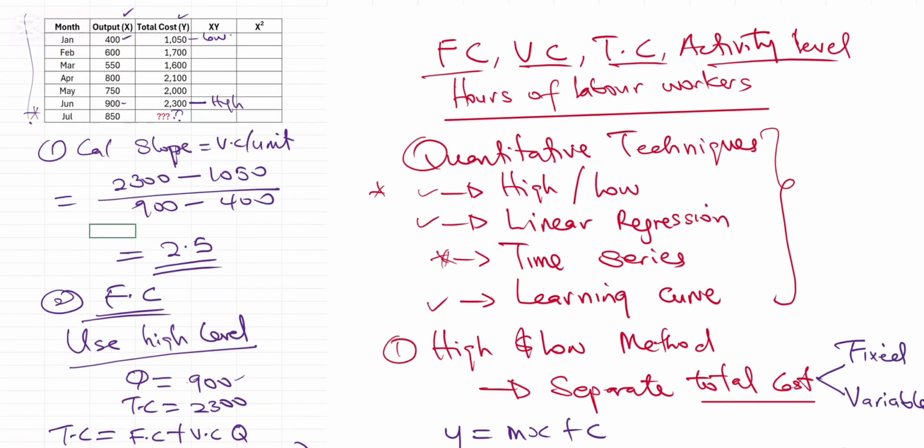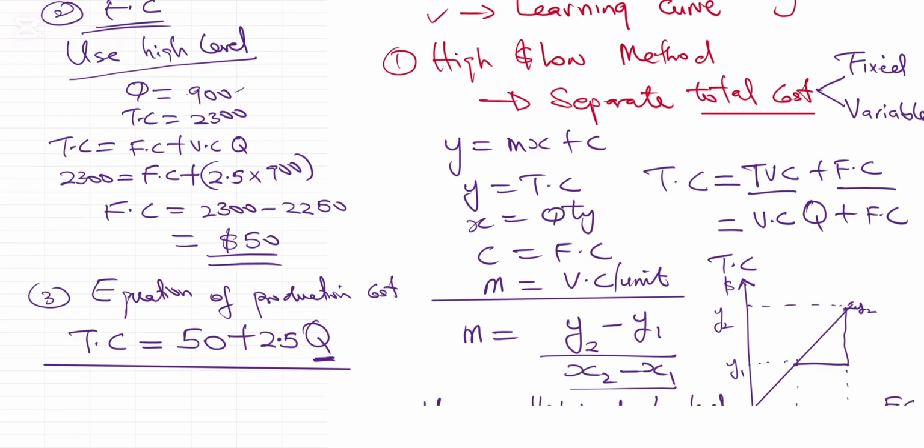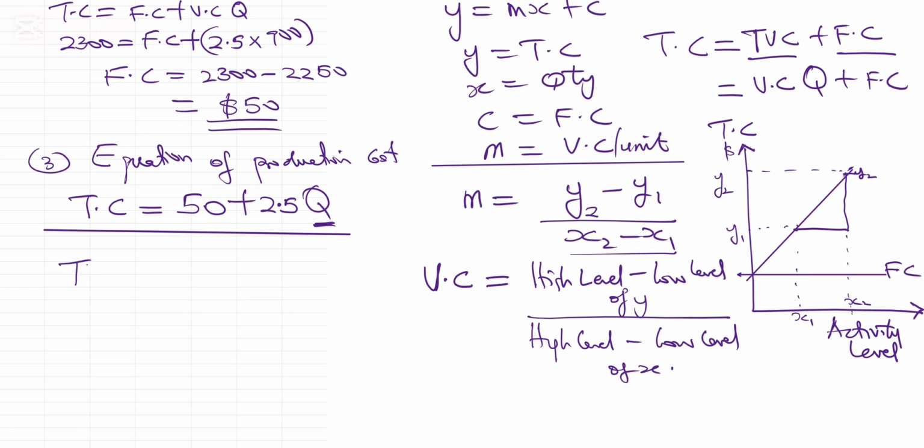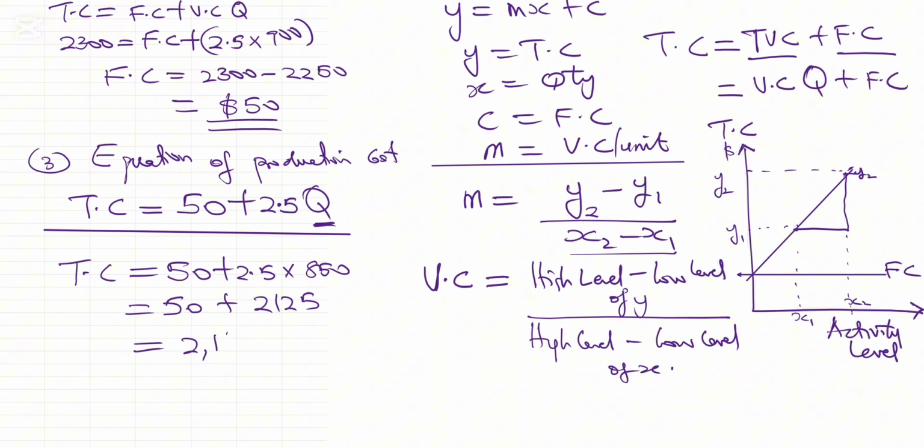So now that July activity level is 850, all we have to do is to plug that in here and we'll be able to get the total cost for July. And that will be equal to 50 plus 2.5 multiplied by 850. That's 50 plus 2125, and that equals 2175. So that's the total cost for July.